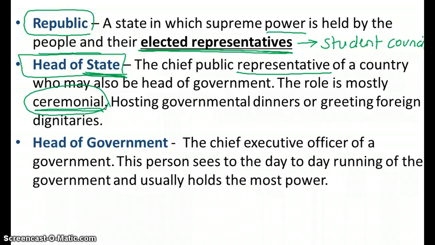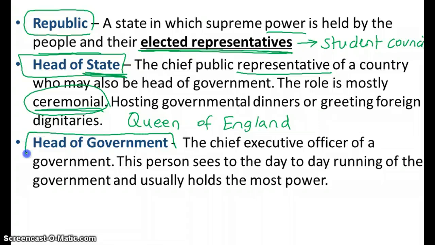For example, the Queen of England, she's head of state, correct? Exactly. She does a lot of hosting of state dinners, and she greets the foreign dignitaries. She really is a ceremonial leader. It's not really part of her everyday job to be running the government. She holds no real power as far as the government's concerned.